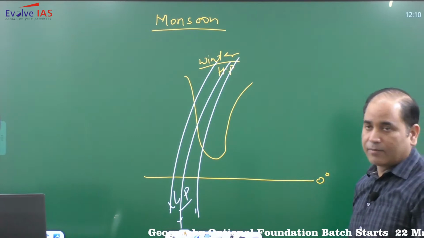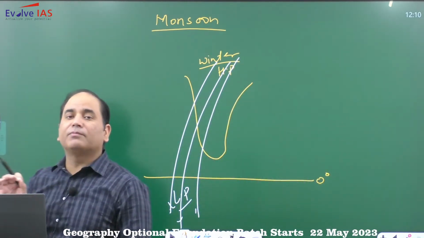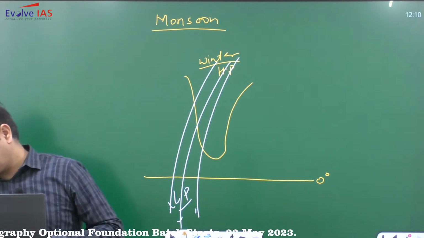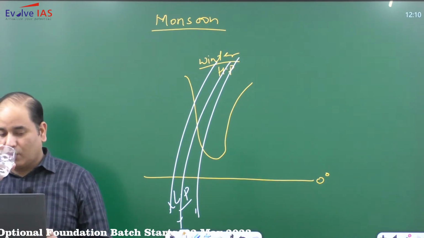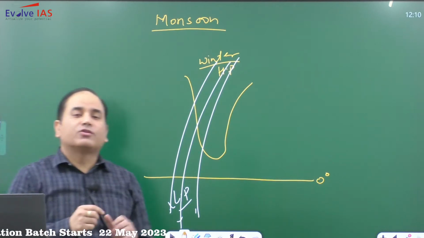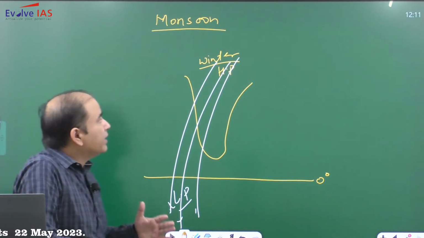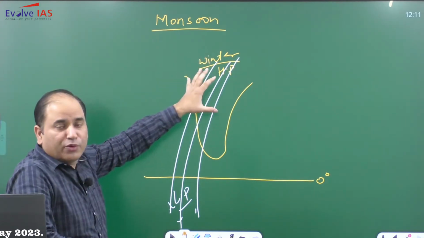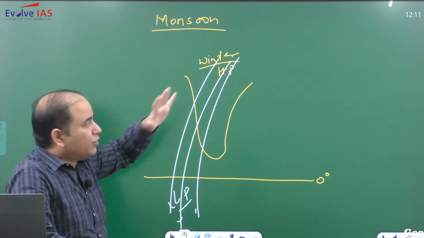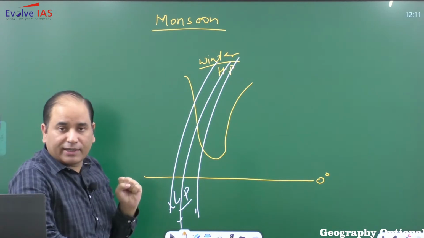As these winds are blowing over the land and ocean, it is not the matter of temperature. Please be very clear. It is not because of the temperature. It is mainly because these winds are blowing over the land, and when the breeze blows over land it is not getting the moisture, so land will have less moisture.